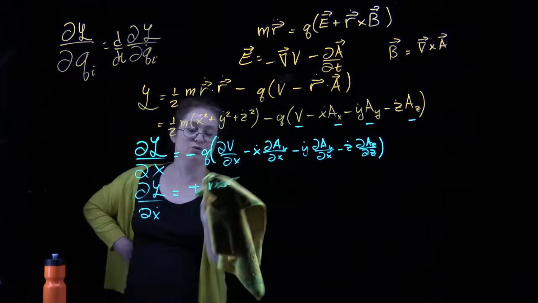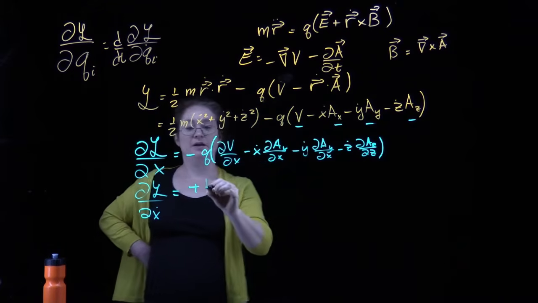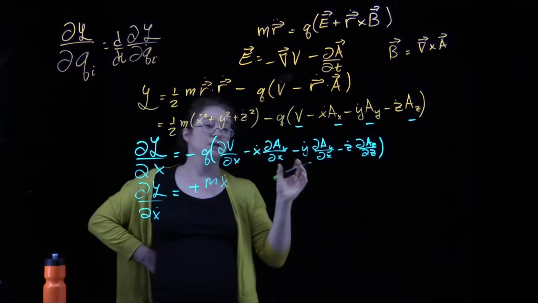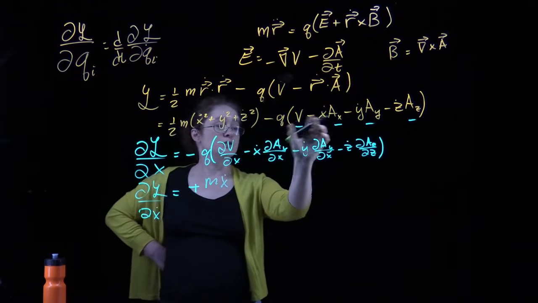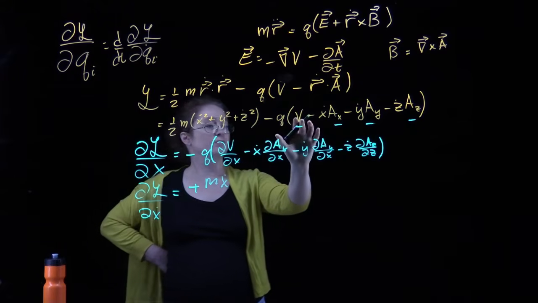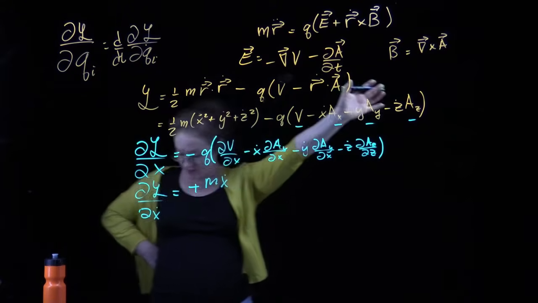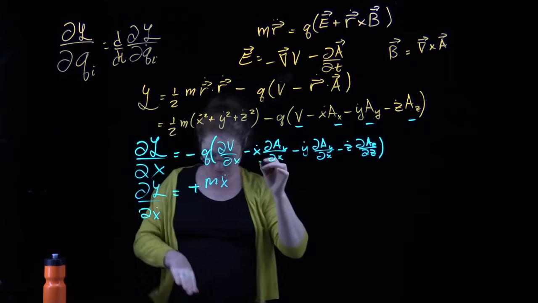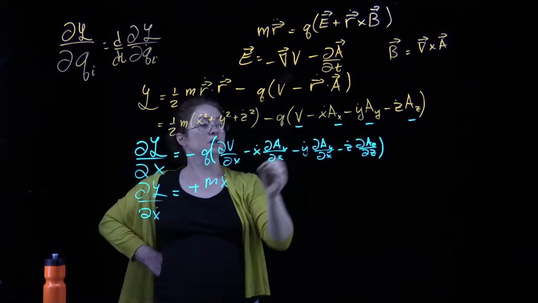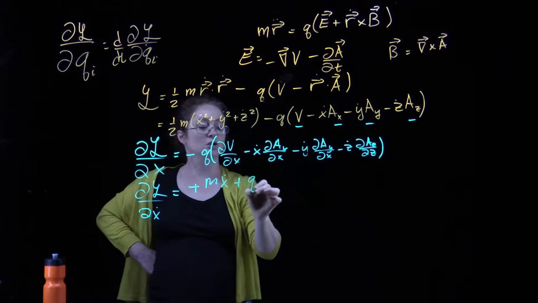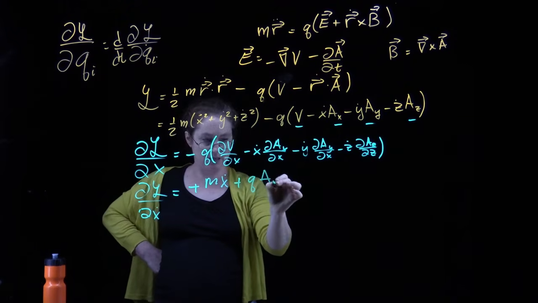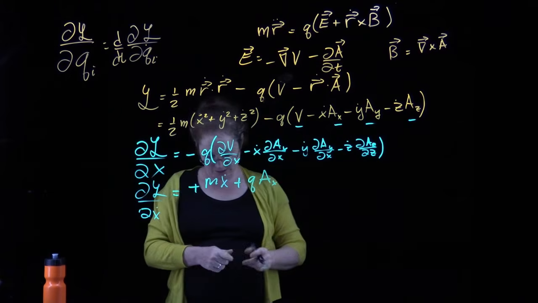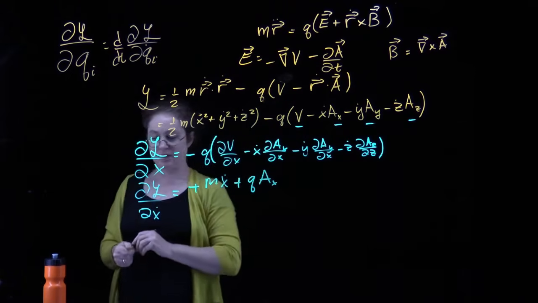Nope, I'm moving one step too fast. m x dot, because I'm going to come back and take the time derivative. And there's no explicit x dot, y dot, or z dot dependence in the vector field. So we will have plus q Ax. And then we need to take the time derivative.